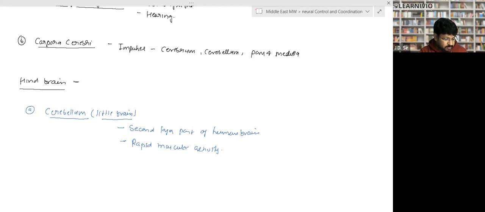So, alcohol affects the cerebellum and influences its function.